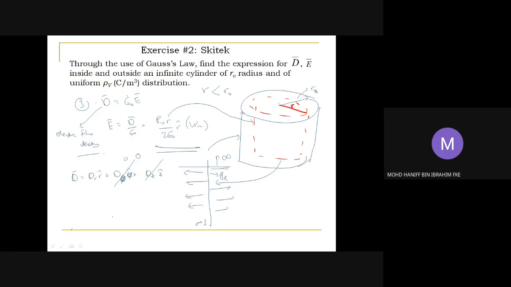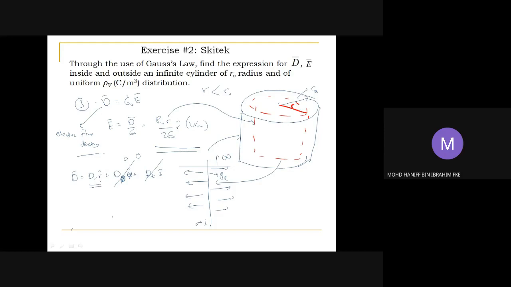So when we increase the radius of the line charge, we have this charge distribution structure. Due to this, again, we can assume that for volume charge in this cylindrical structure, we'll only have a single direction, the unit vector r, for the flux density.